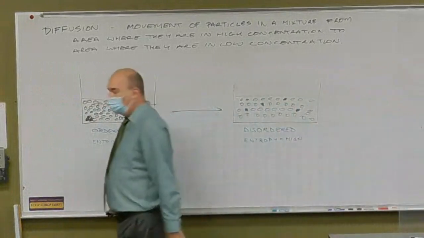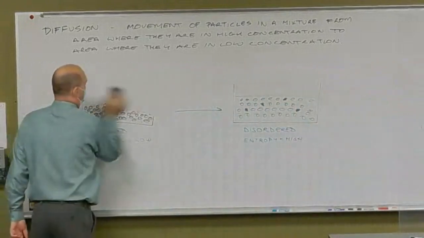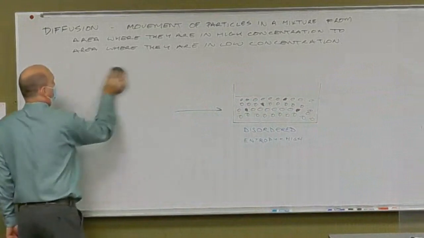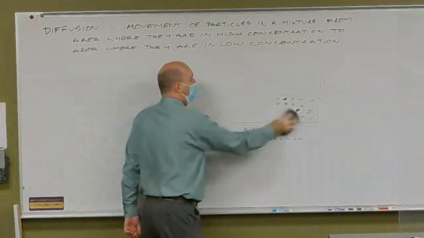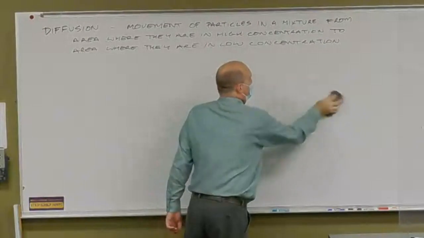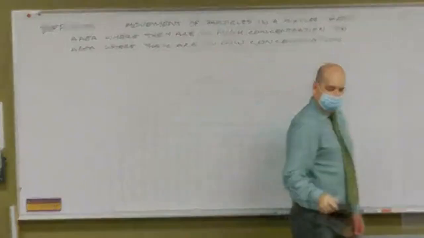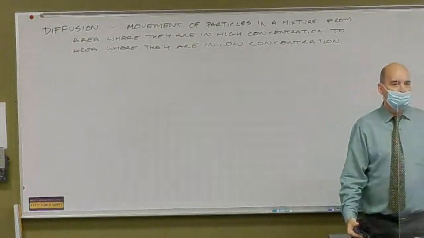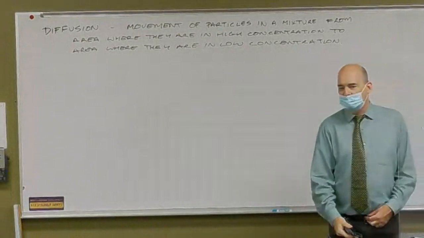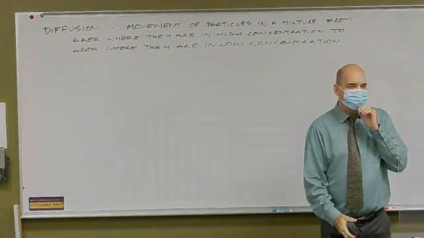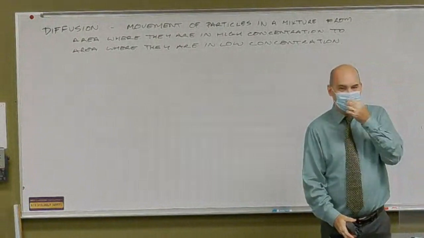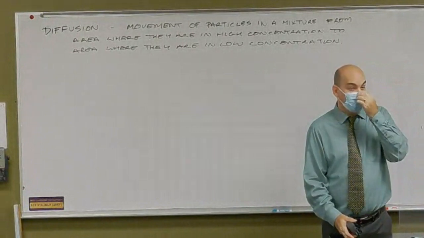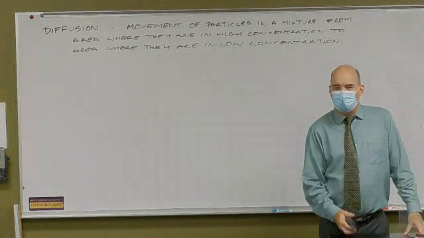Okay, that's diffusion. And it's true of solutions, and it's true of gases. There's natural gas that gets piped into your house. It doesn't really have much of a smell. So we add a smell agent into the gas called thiophene.